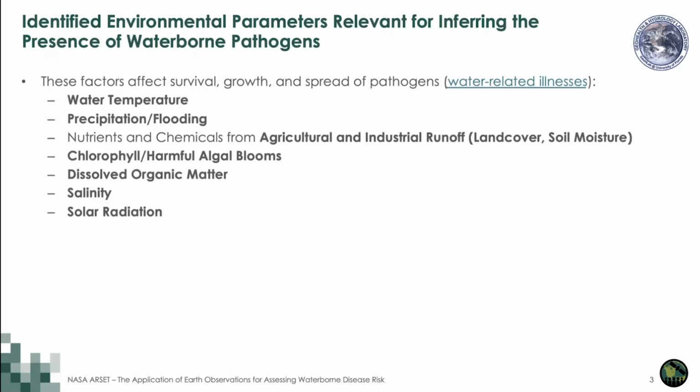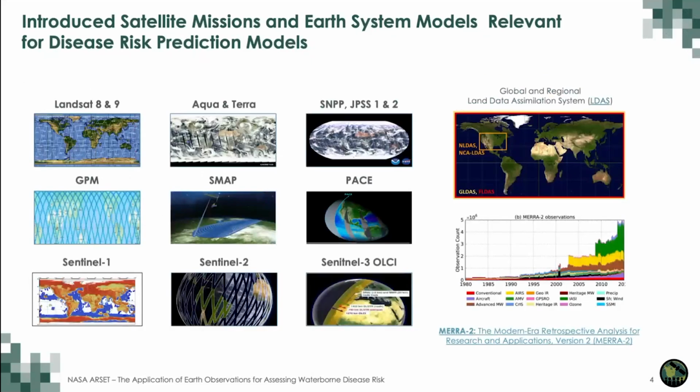And then we looked at some of these parameters, which are commonly used for inferring waterborne pathogens for the common waterborne diseases we talked about. And we talked about a number of satellites. They're optical satellites which can provide imagery and provide land surface and water surface temperature, precipitation, land cover products, and flooding. We saw atmospheric models such as land data assimilation systems and modern era retrospective reanalysis products like MERRA-2.